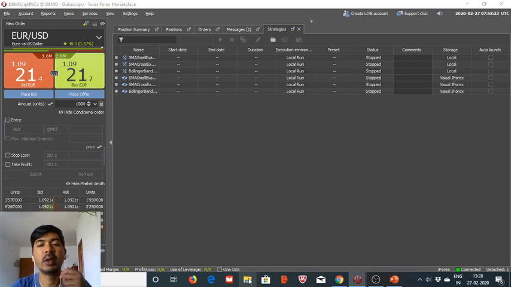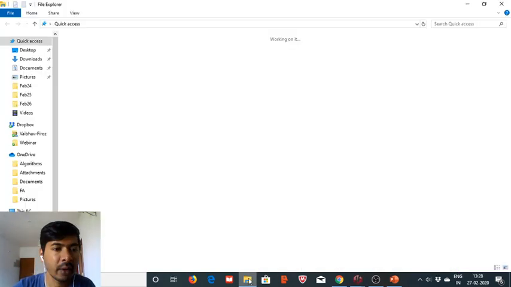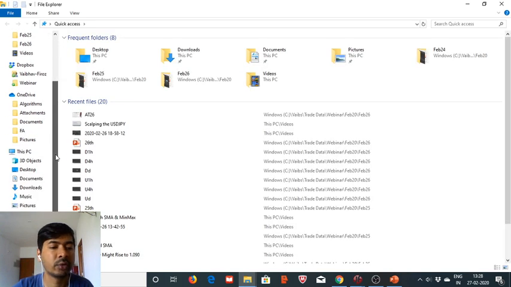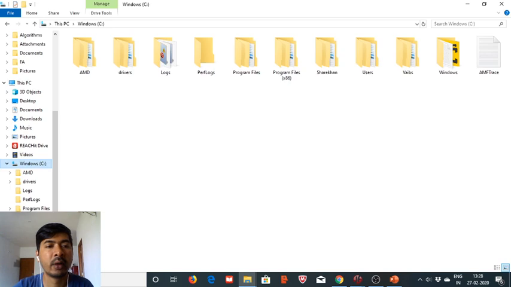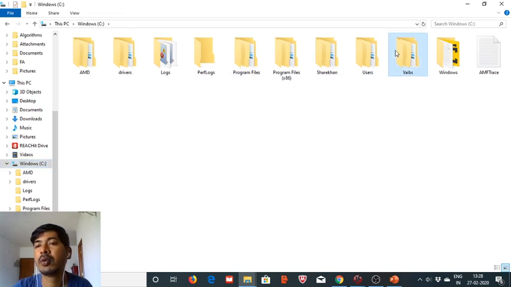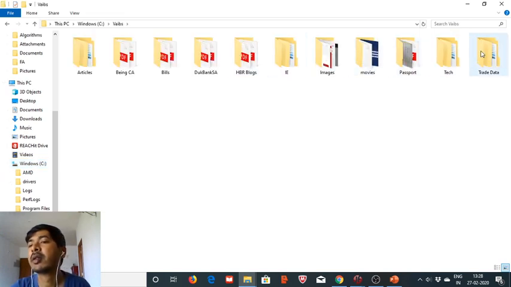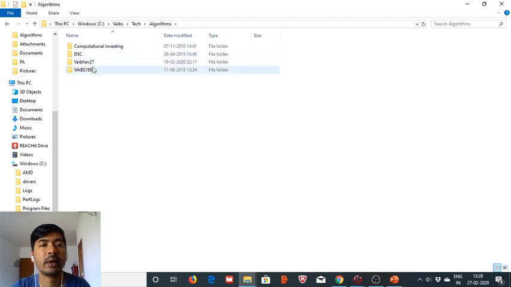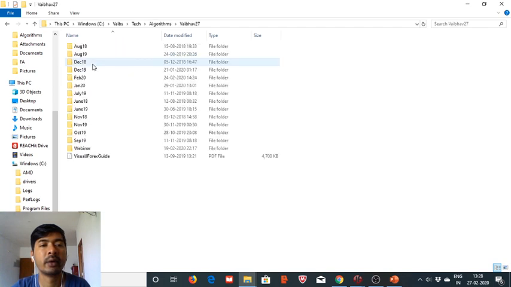Let me see if we have this file. The earlier file shouldn't be there, otherwise we will need to do the cleaning up first. Algorithm, Java, and here in this folder February.